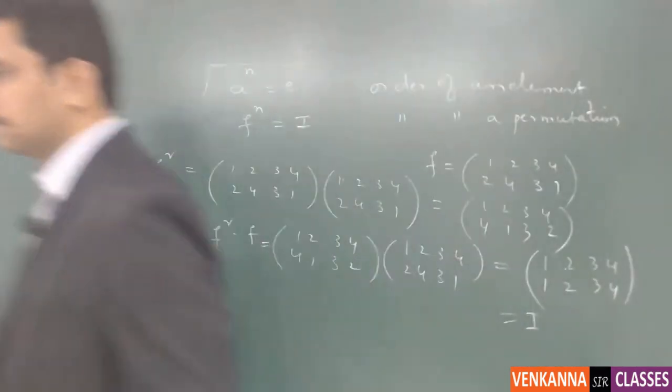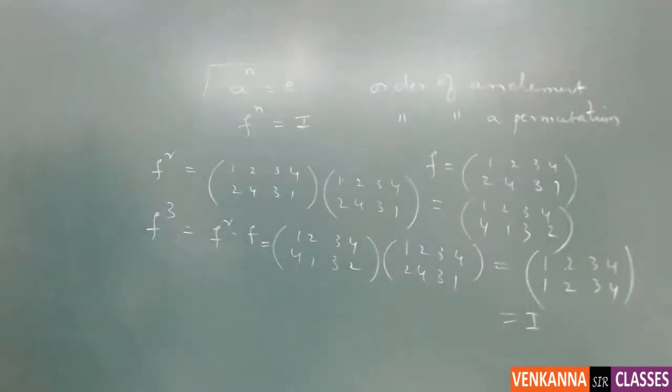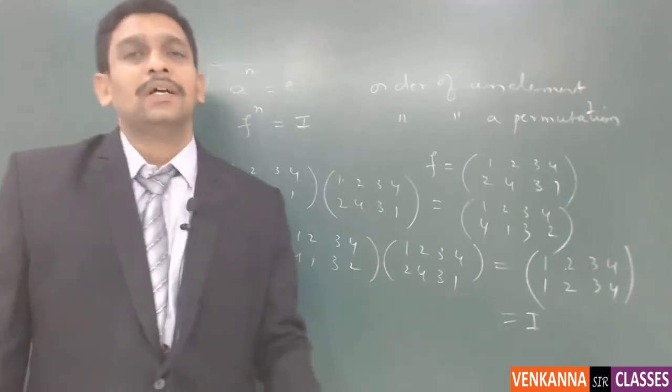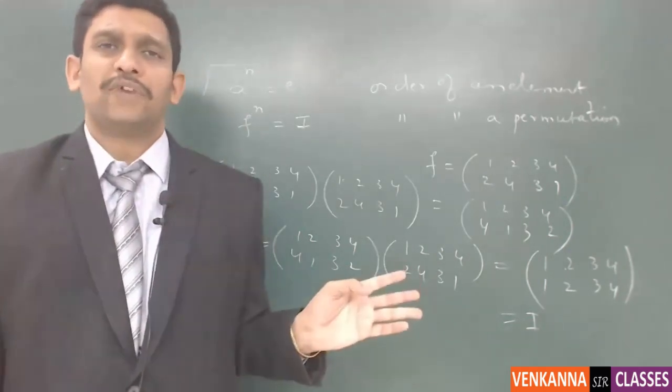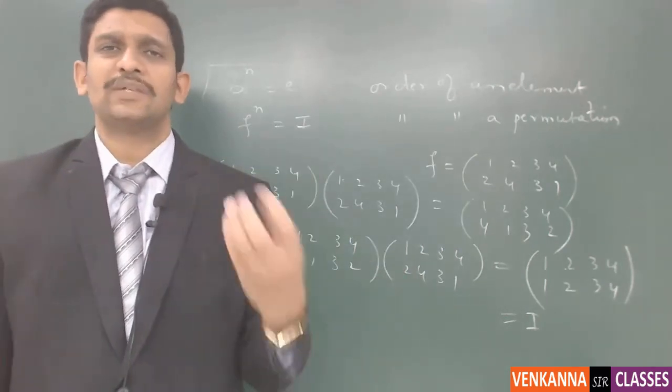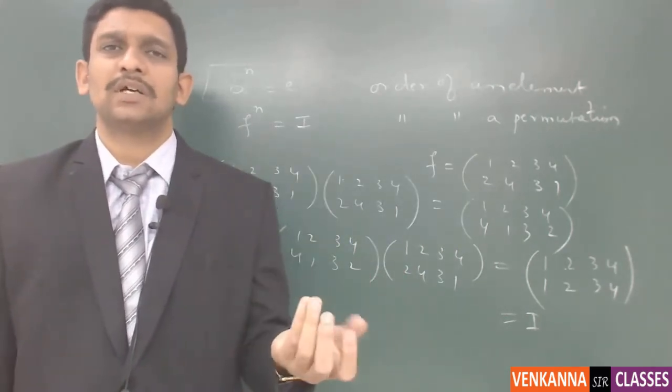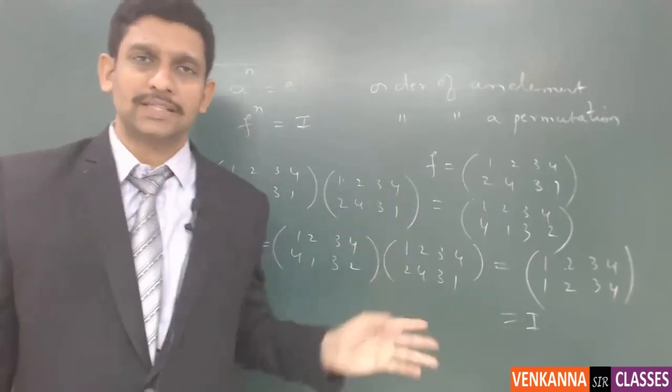This is equal to I. You accepted? Now what is the order of the permutation here? 3. So is everyone clear how to calculate order of a permutation? So this thing you can do with any type of degree. 4 symbols, 5 symbols, 10 symbols, n symbols, whatever the case may be, you can do like this.